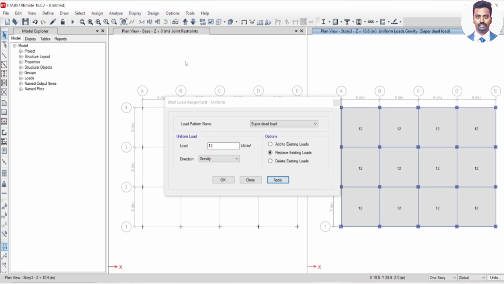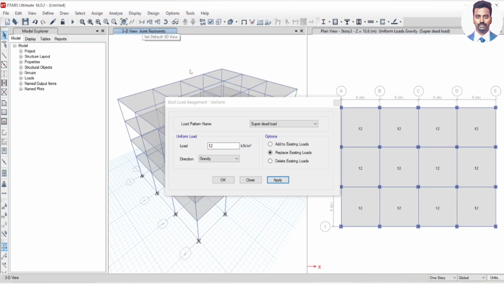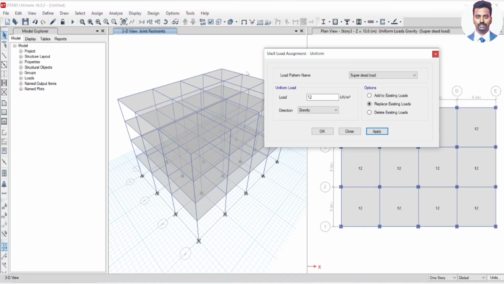Yes. In 3 dimensions, you can see first, second and third floor is being applied with the dead load, which is super dead load. Let us go to the roof.